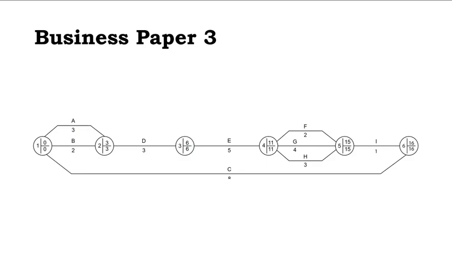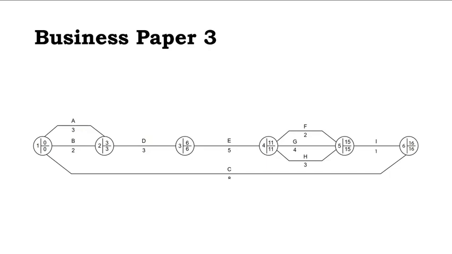Here is the answer for question 3, part A. Whenever we start, at the start time, we start with 0, 0. Activities A, B, and C all start at the same time.